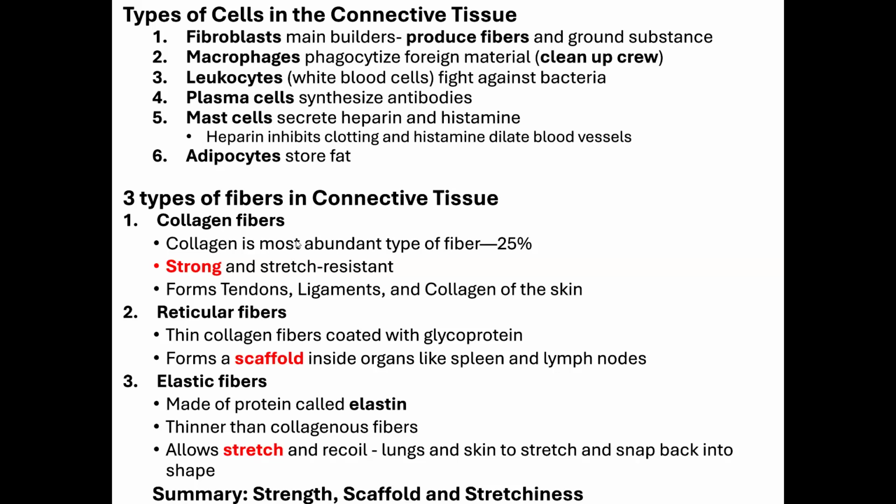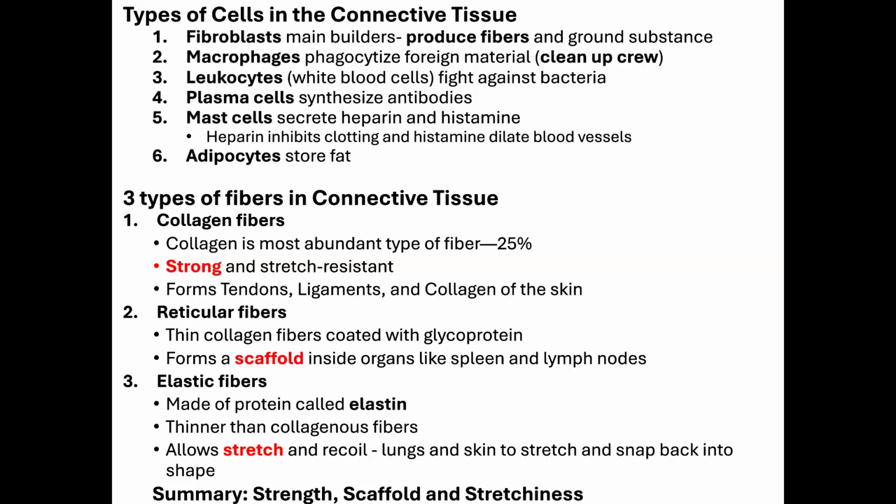There are collagen fibers, which is the most abundant, 25%. They are strong and they are stretch resistant. They are seen in tendons and ligaments, also seen in the skin. Skin also has got a lot of collagen.